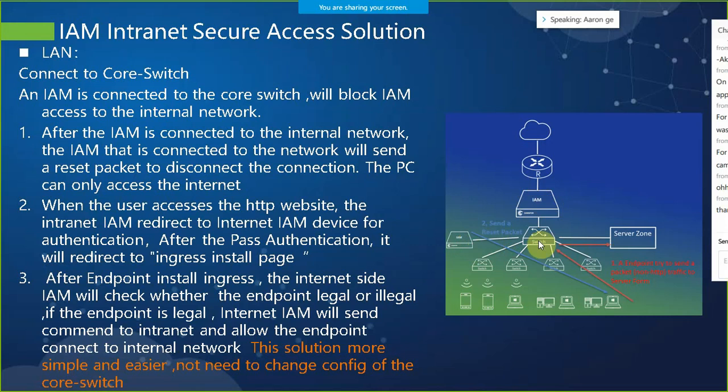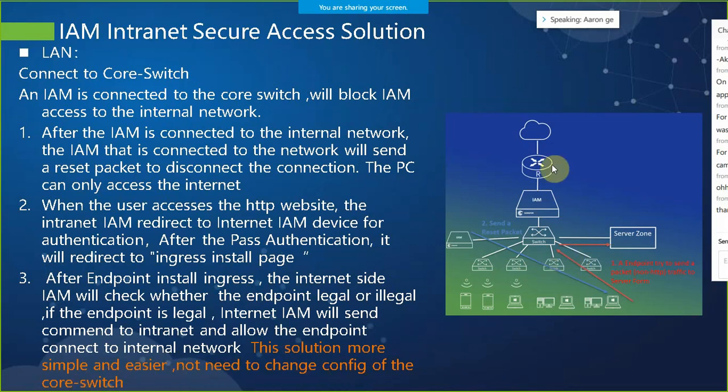For TCP connections for internal traffic, the IAM will send a reset packet to stop the connection to the internal application. So this solution is simpler and easier, and does not need changes to the configuration of the core switch.